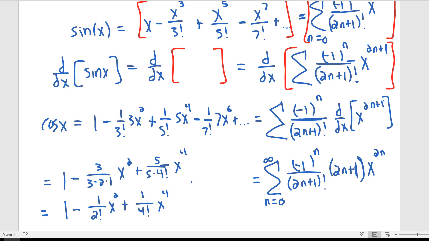And the next one, the 7 is in the numerator, and the 7 factorial I'm going to write as 7 times 6 factorial, x to the 6. So that's minus, the 7s cancel. I got 1 over 6 factorial, x to the 6th. So that's equal to this guy here.